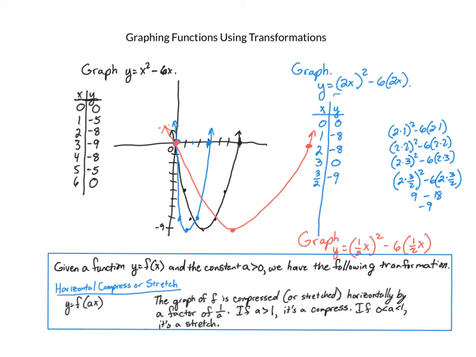We take the reciprocal of a, and that's our stretch factor or our compressing factor. So if a is 2, you take the reciprocal and you have a half, and you compress the graph toward the y-axis. And if a is between 0 and 1, like a third, you take the reciprocal and you have a 3 and you stretch it out by a magnitude of 3. So those are our transformations.